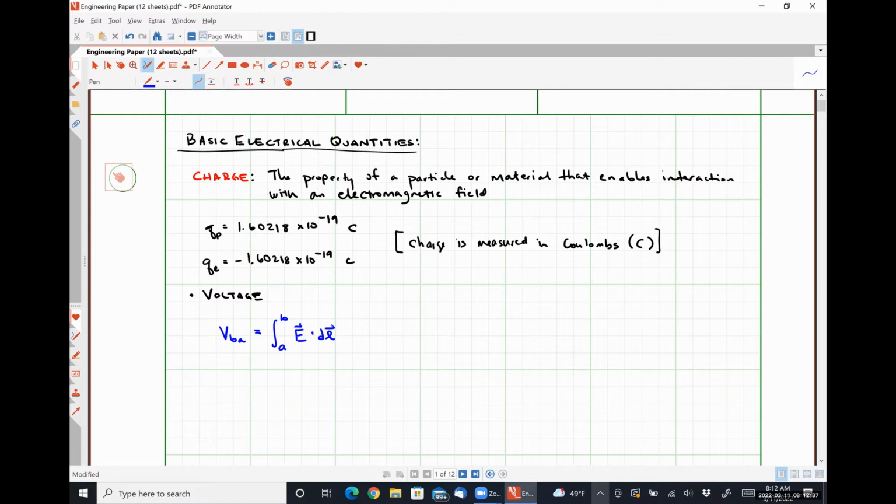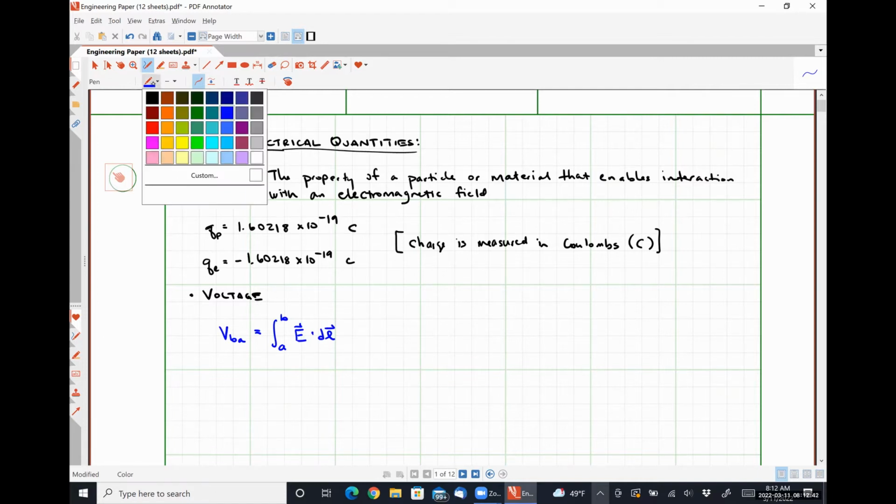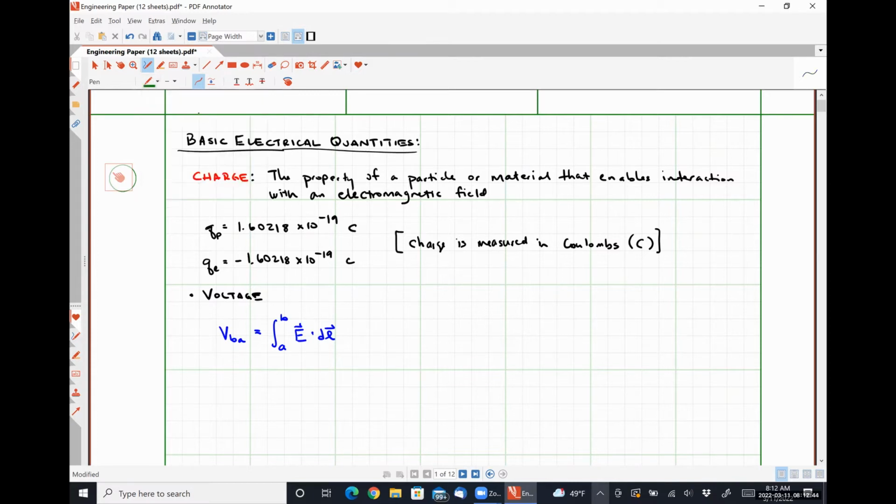And what I mean by that is, again, for those of you who have taken or are taking Physics 202, you will quickly learn that there is a quantity called an electrostatic force, F sub E. And that is the force that charged particles exert on other charged particles.